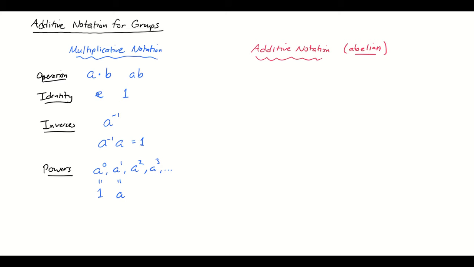So how do we denote the operation? Well, given two group elements A and B, we just write the composition of those as A plus B. Or what about the identity? Well, if we want an identity that's sort of logical in this setting, then we need to think about what kind of object we could add to something and not change it. Well, if we wanted to have an object which we can add to something without changing that thing, we would probably use this symbol, 0, the additive identity.